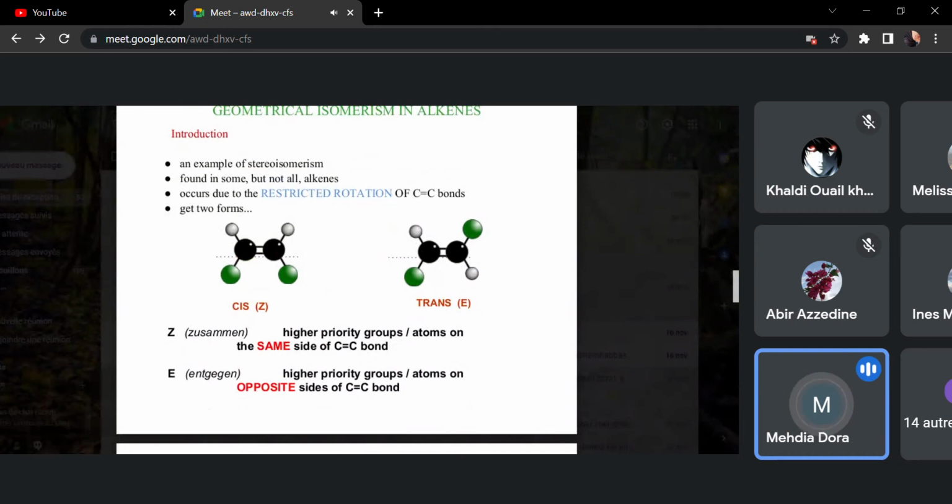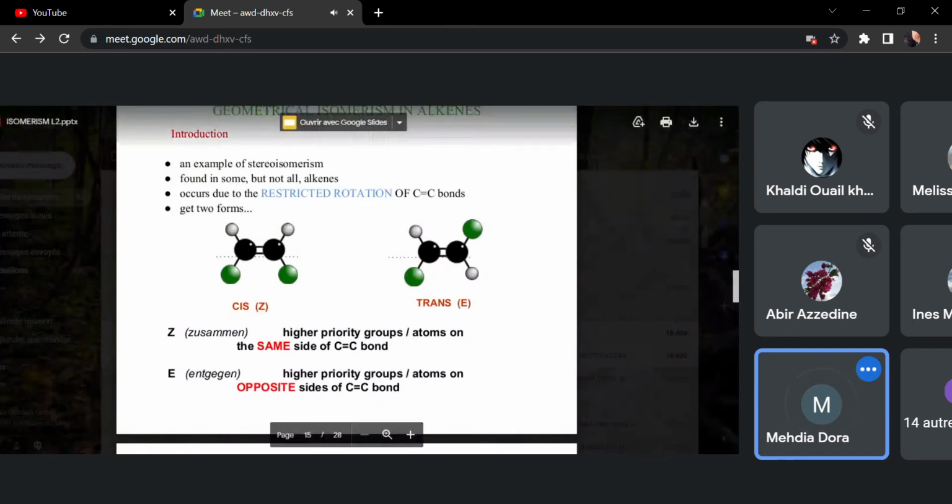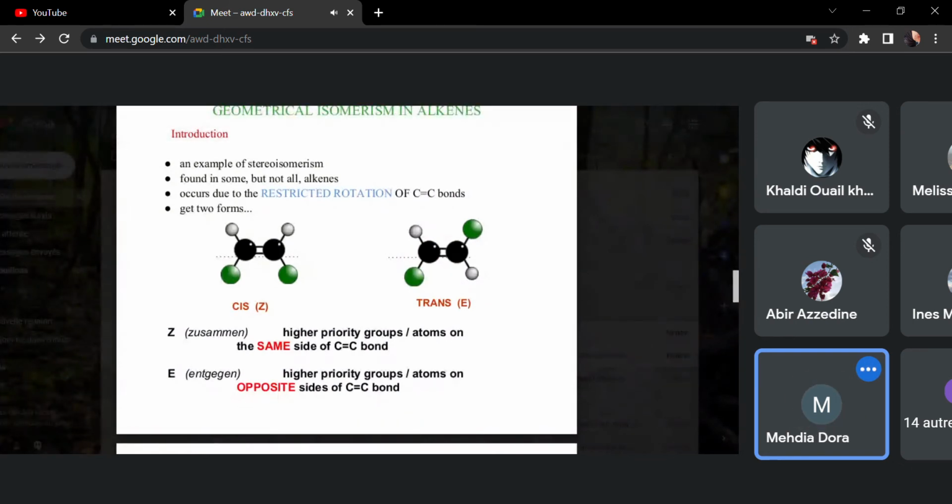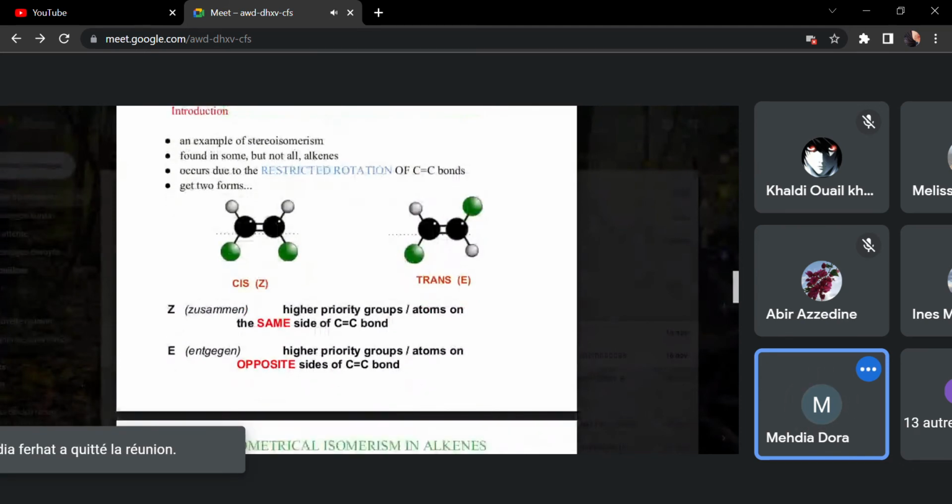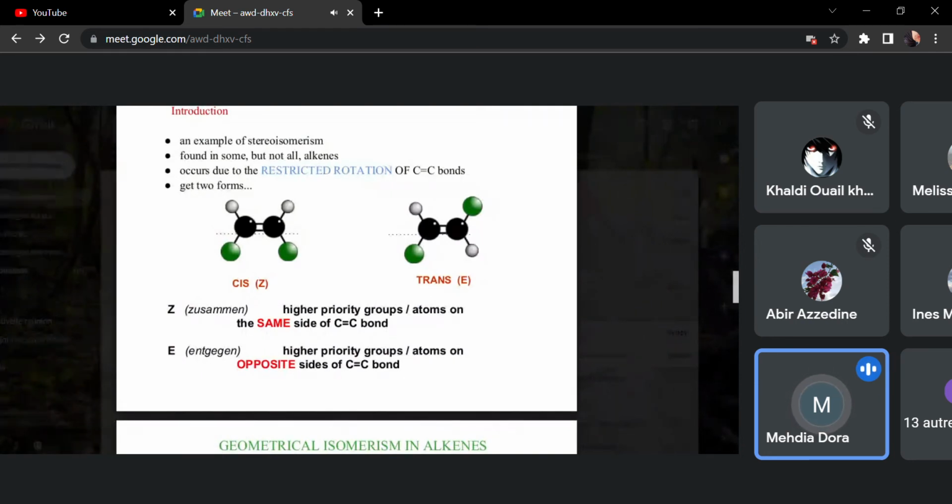Here in black, it's carbon. Here in gray, it's hydrogen. And here in green, it's the chlorine. So in this position, we have the double bond, if you see, and where the two chlorines are in the same position, on the same side, we call it the Z position or cis position.